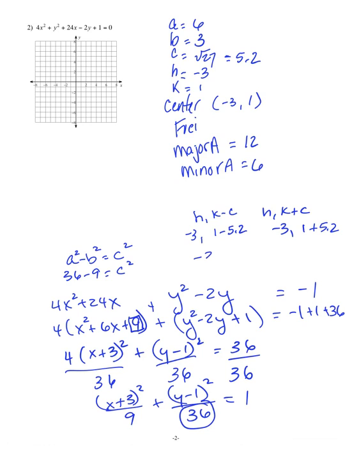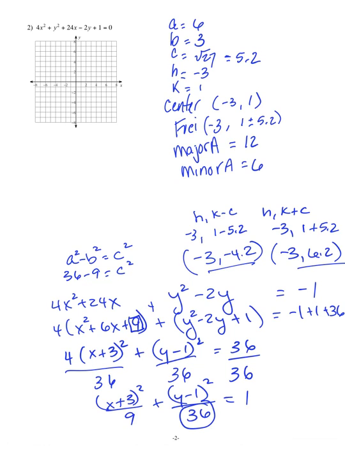So that gives us -3, -4.2, and -3, 6.2. Okay? So your foci, you can put them here as -3, comma, 1 plus or minus 5.2, or you can list both of them, it doesn't matter. But here are the two that you're going to be graphing.